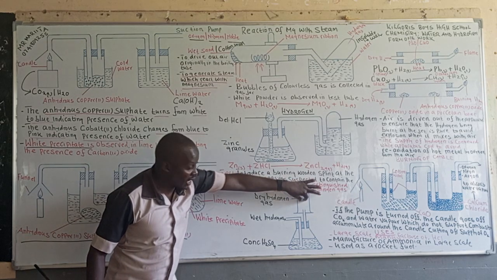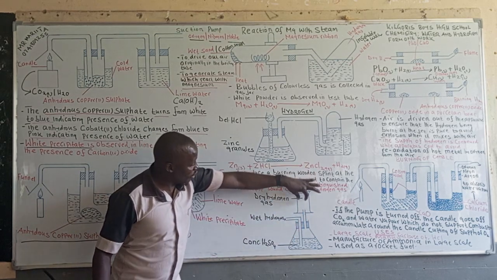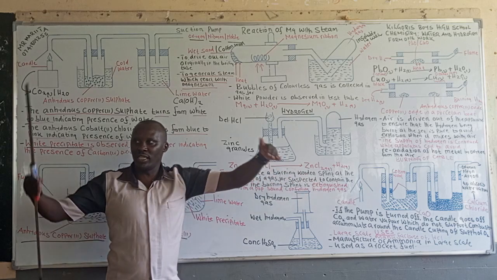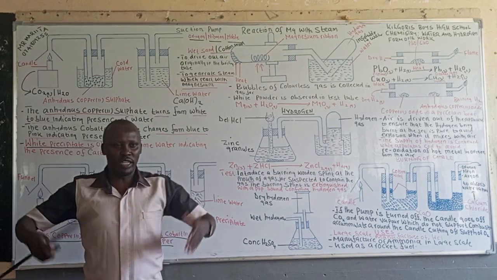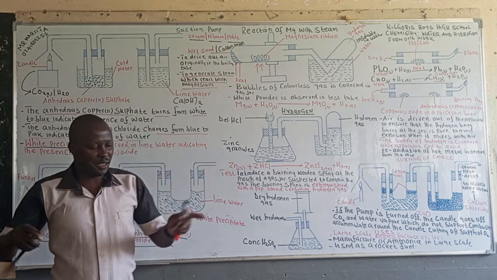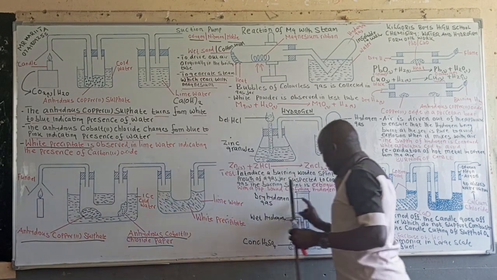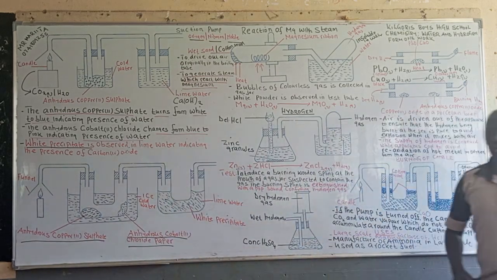Because initially there was a gas inside here, so when the hydrogen gas is introduced here, the original gas that was here is displaced downward. That is the other name of this method, downward displacement of air. So dry hydrogen gas is normally collected by upward delivery.